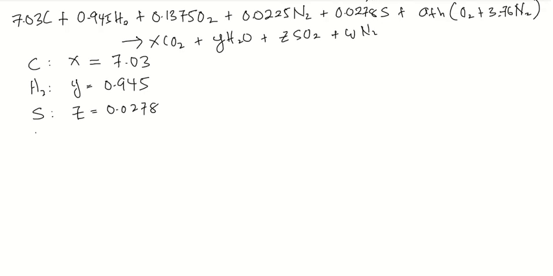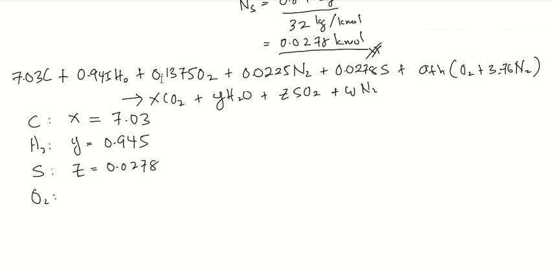Then we solve for O2. The O2 is 0.1375, plus the theoretical air, and this equals x plus, y multiplied with O, not O2, so we need to divide y by 2, so 0.5y, plus z.